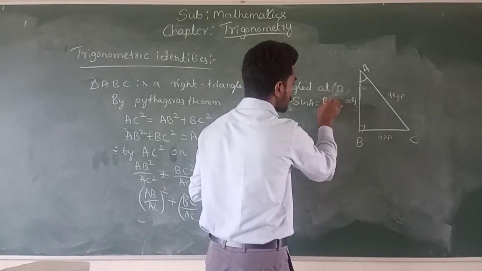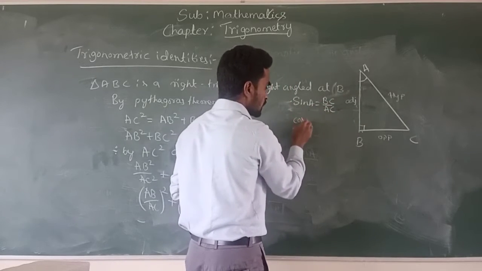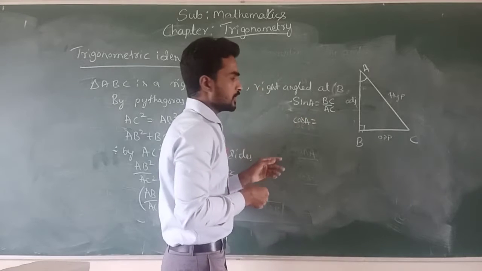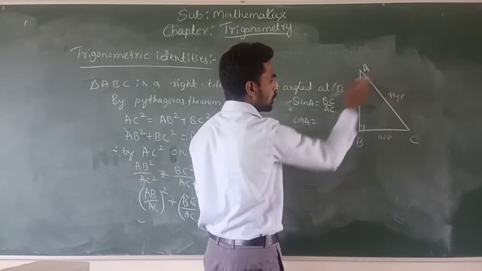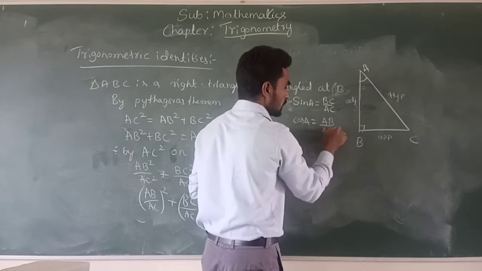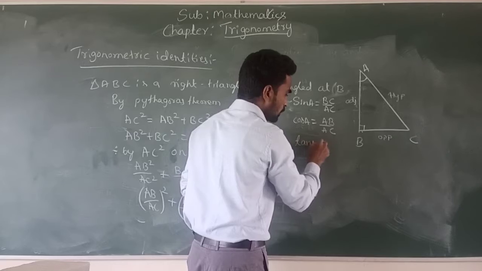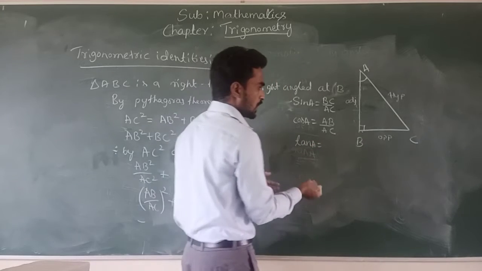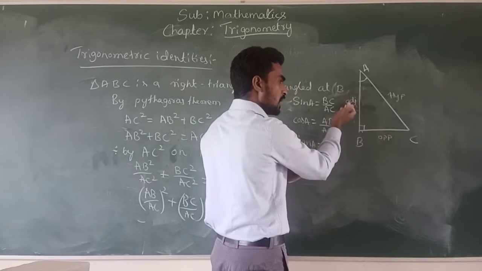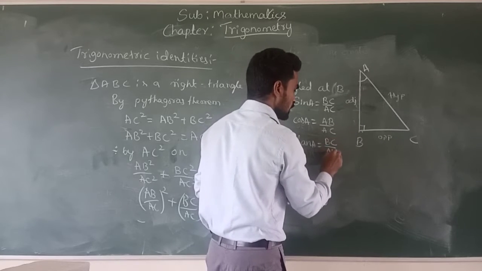Here the opposite side is BC, the hypotenuse side is AC. Then for cos A, adjacent side divided by hypotenuse side. Here the adjacent side is AB, hypotenuse is AC. Then tan A, the formula is opposite side divided by adjacent side. Here the opposite side is BC, adjacent side is AB.